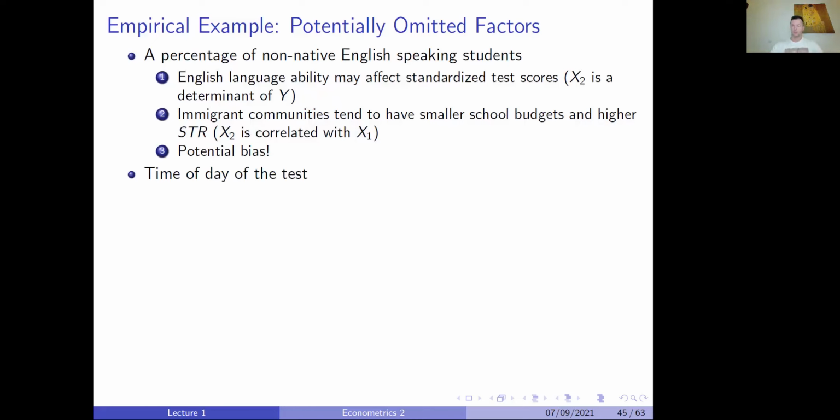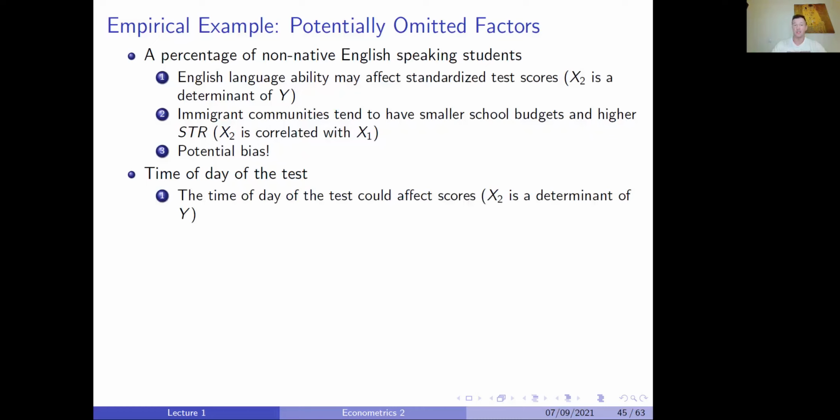So let's analyze two additional variables before we see whether beta 1 was biased or not. Time of the day of the test. Well, maybe you can feel tired if the test happens in the second part of the day, or maybe you are sleepy if the test is held in the first part of the day.